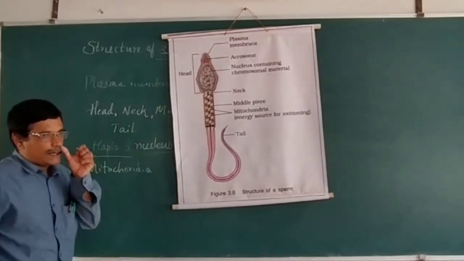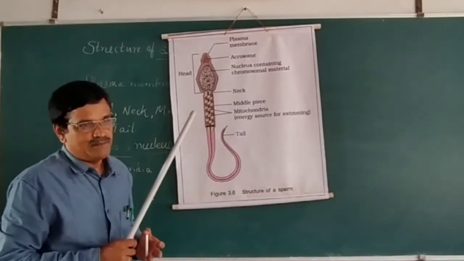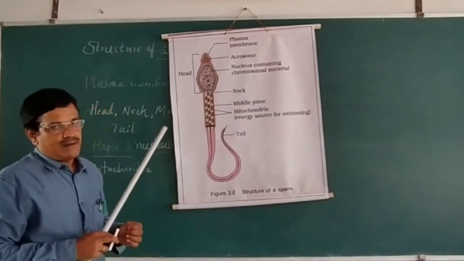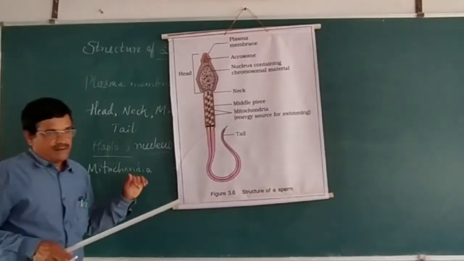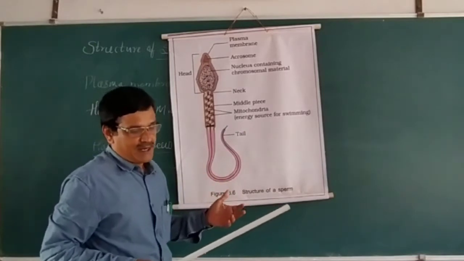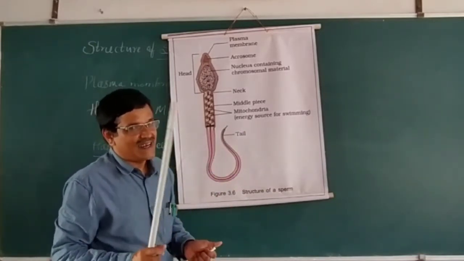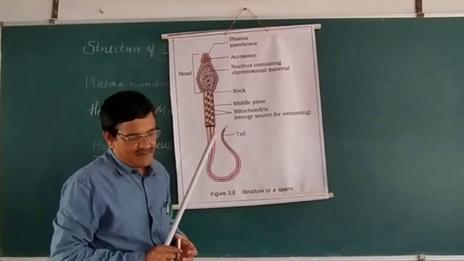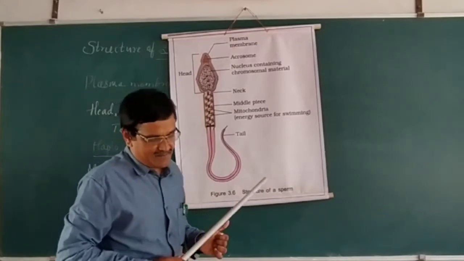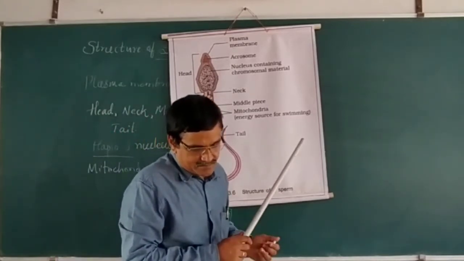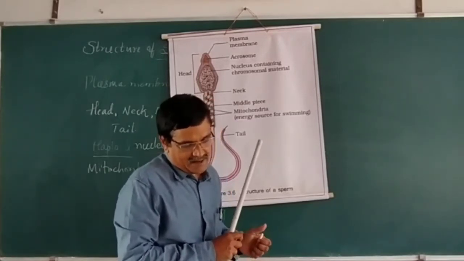The sperm released by the testis, the seminiferous tubules, are added with the fluid secreted by the accessory ducts and accessory glands, mainly the seminal vesicles, prostate gland, vas deferens and epididymis.